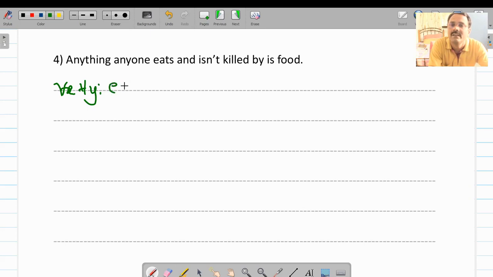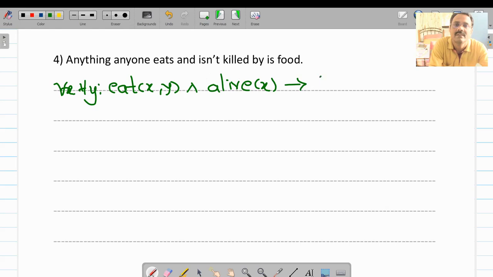It will define if x eats y and if x is alive, not killed means alive, that implies y is food. So let us convert this predicate logic representation into clause form.